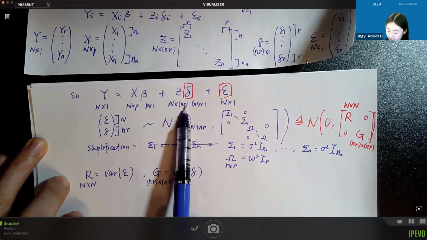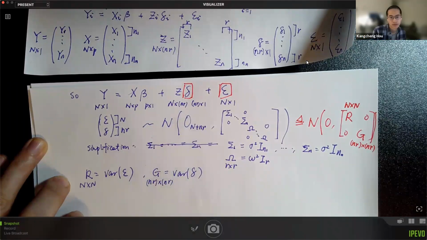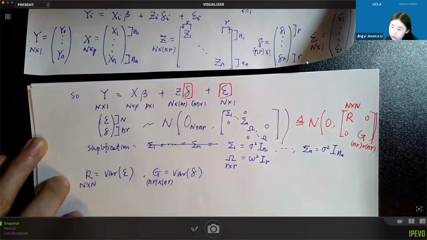So in that case, this delta, although it must be considered, is not really estimable, right? You don't have enough observations to estimate those. That's why people also assume delta follows a normal distribution, just to reduce the number of parameters.